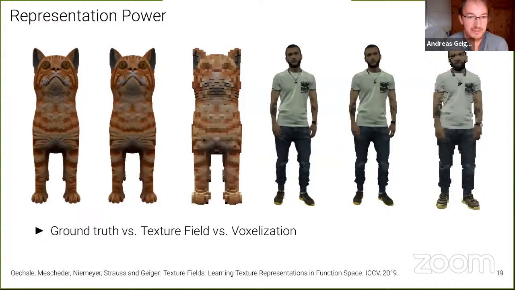The first thing we have looked at is the generalization, or the representation power, of this model. What we see here on the left is a textured model of a cat.